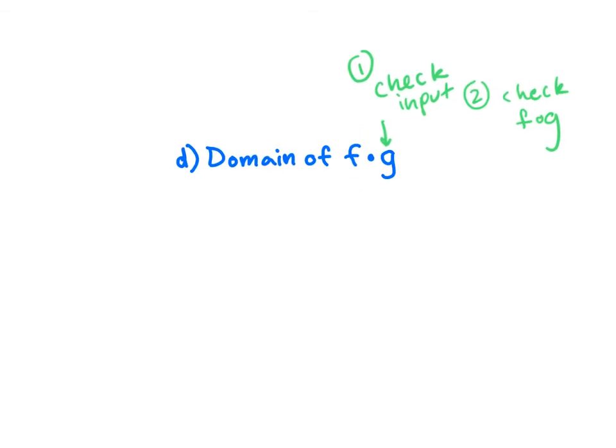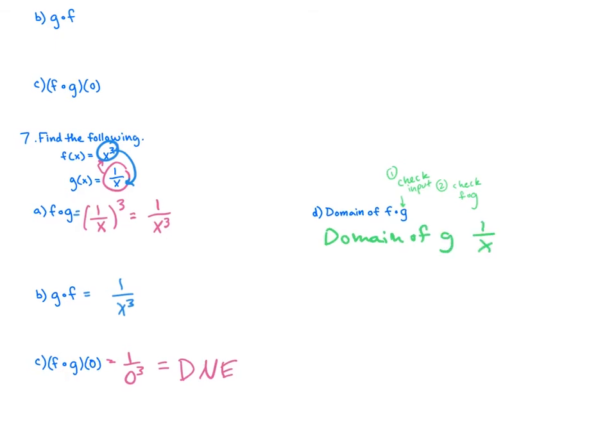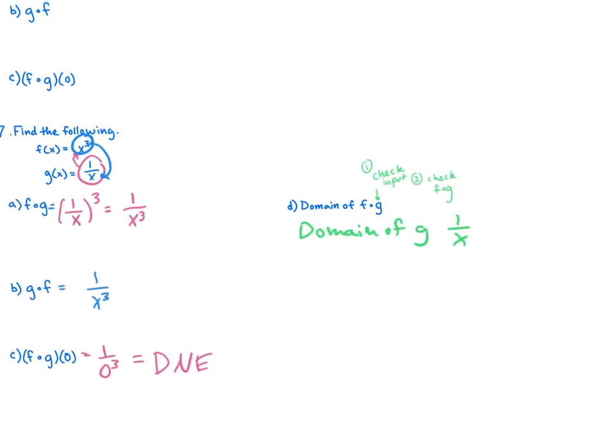So looking at our g, we have 1 over x. What would our domain be here for 1 over x?